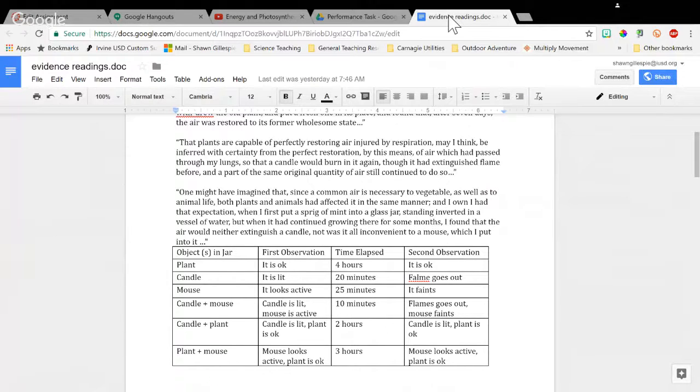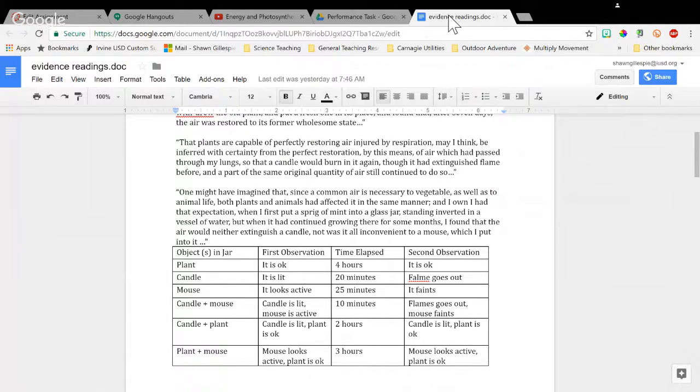So our expansion is going to be, well, what we notice when we look at the data in the table is that the plant was fine for 4 hours by itself. But candles we know need oxygen in order for the flame to continue burning. But after 20 minutes, the candle burned out. And mice breathe oxygen as well. And mice need oxygen to live.